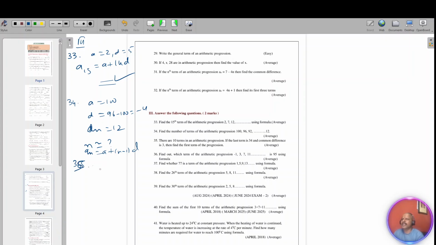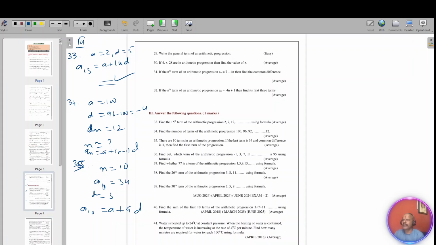There are 10 terms in the AP, means N is equal to 10. Last term is 34, means A10 is 34. Because number of terms are 10 and last term means it's the 10th term. Common difference is 3. Find the first term: A10 is equal to A plus 9D, you apply. 34 is equal to A plus 9 into 3.